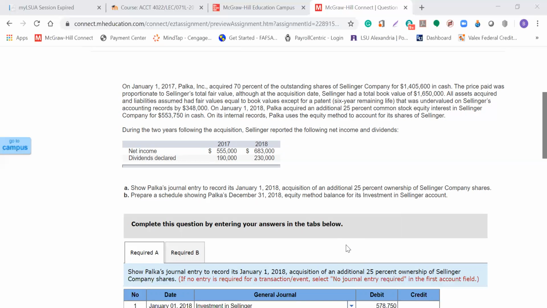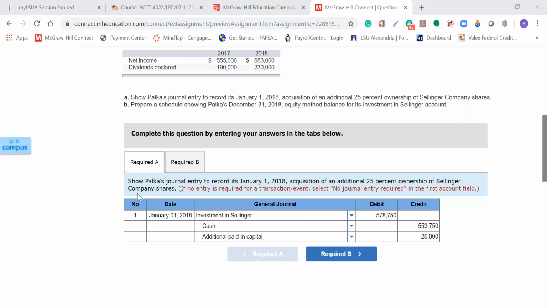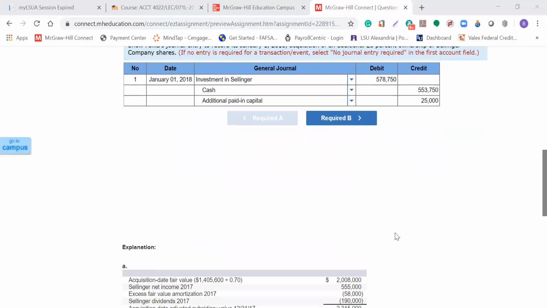So here, because we have 2 methods, we have to look at the acquisition of the 25% and the equity method for the balances. So part A is the journal entries. The actual investment for Sellinger was $578,750. The cash was $553,750, and the additional paid-in capital was $25,000.